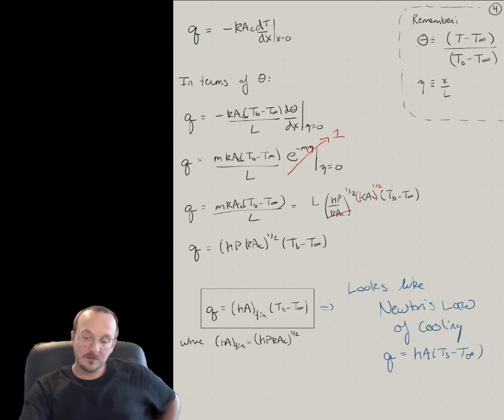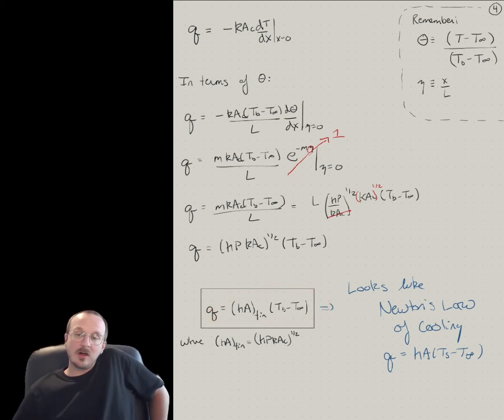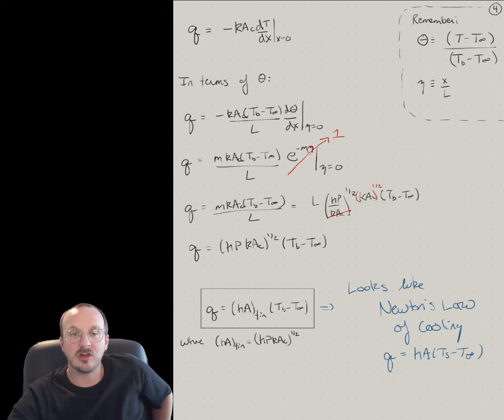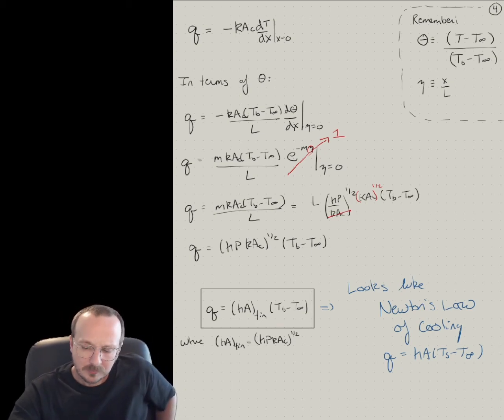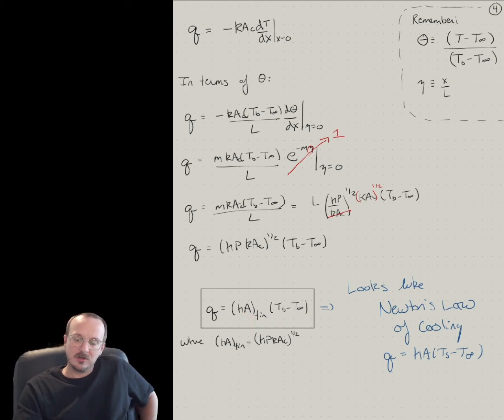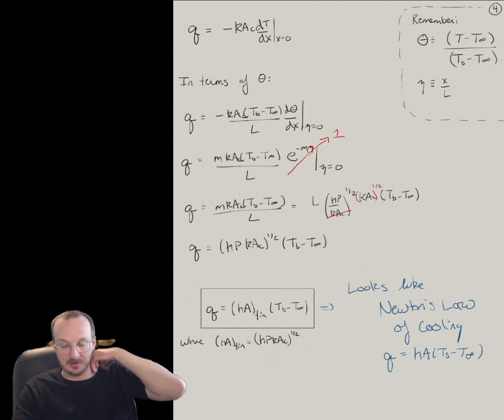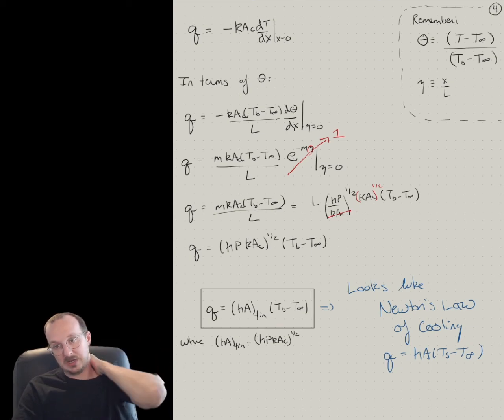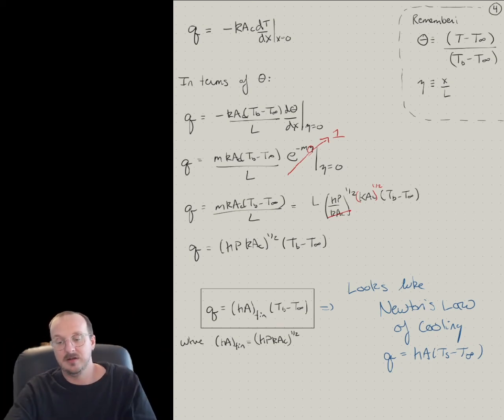So fins are no different. The heat loss down a fin is just hA delta T. But your hA is a little different. You can't just write h times the area of the fin. It's actually hP kAc. This collection of terms accounts for h times the effective area of a fin.